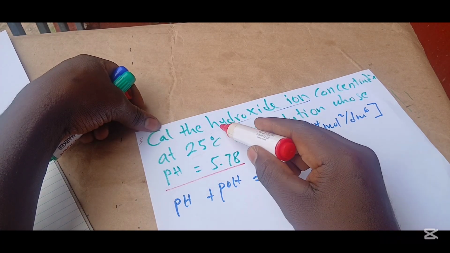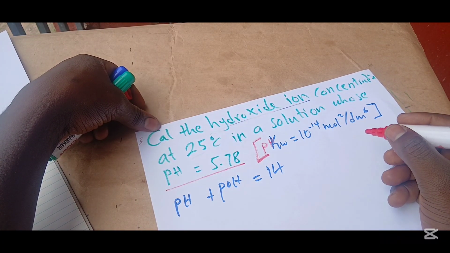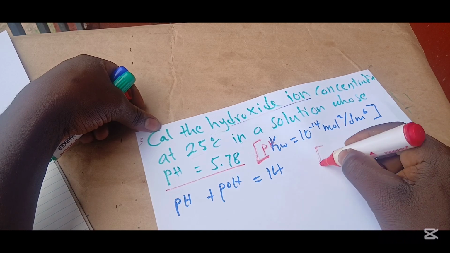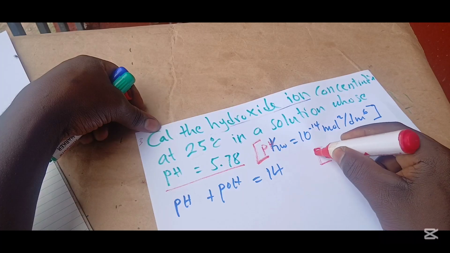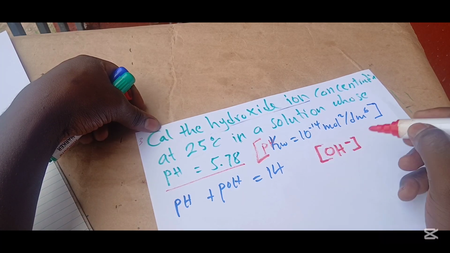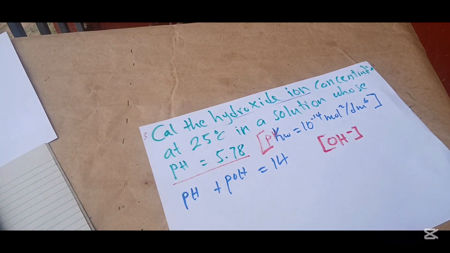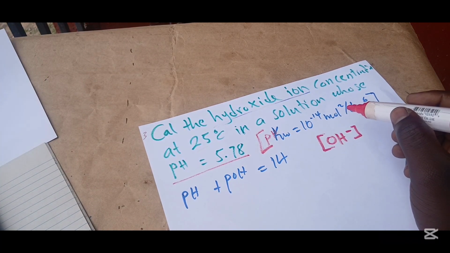Now notice the question very well. We are calculating the hydroxide ion concentration, not pOH, but hydroxide ion concentration. But the question has given us all the necessary things that we need to be able to calculate.